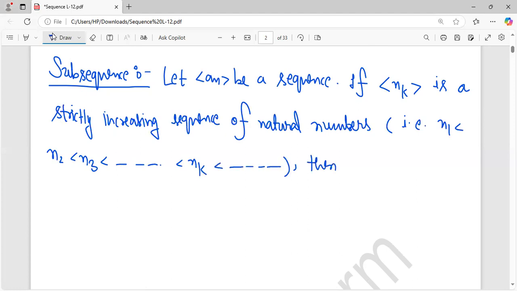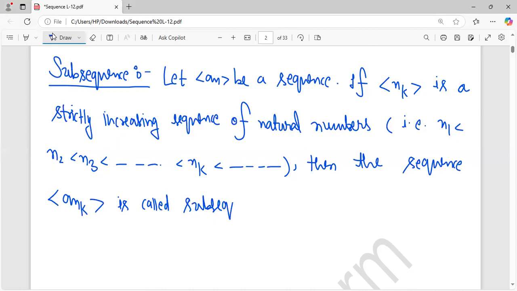Then the sequence a_{n_k} is called a subsequence of the sequence a_n.